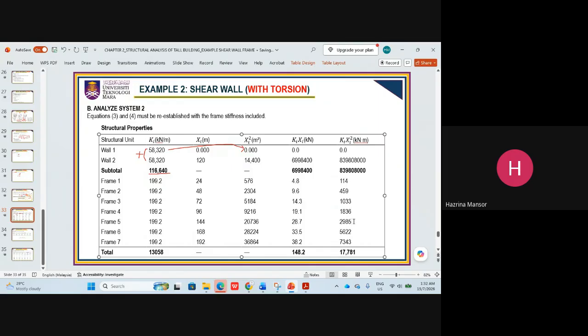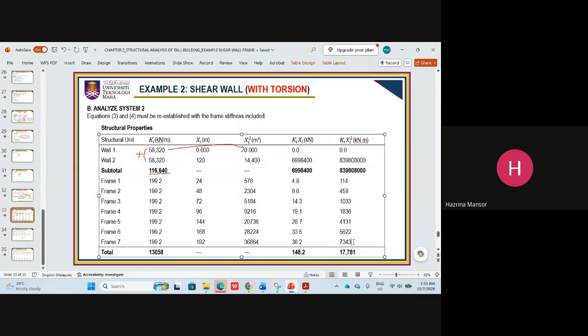So this one, hold on, I just double check. 199.2 times 20736 divided by 1000. 4131. So 199.2 times 28224 divided by 1000. 5622.